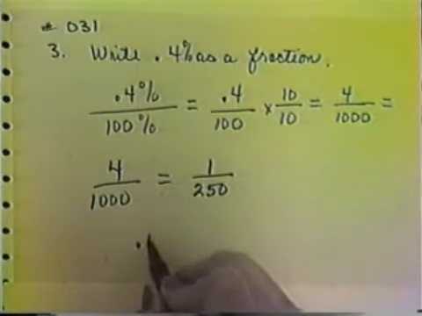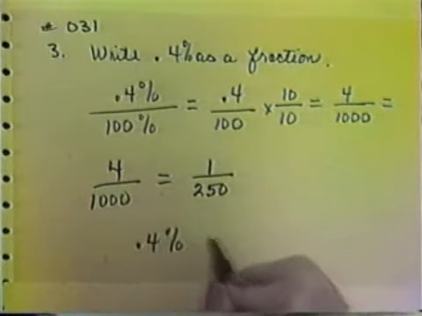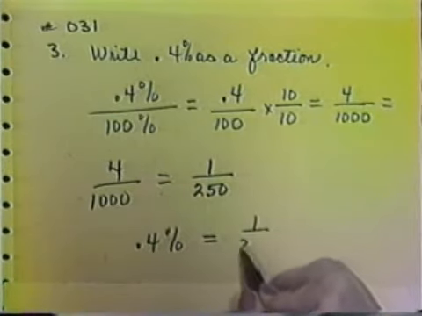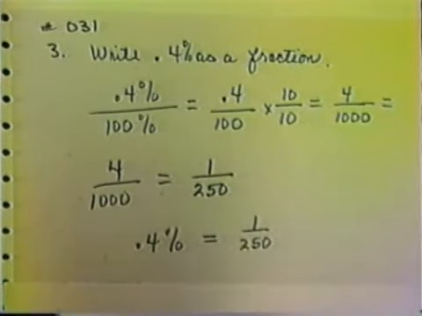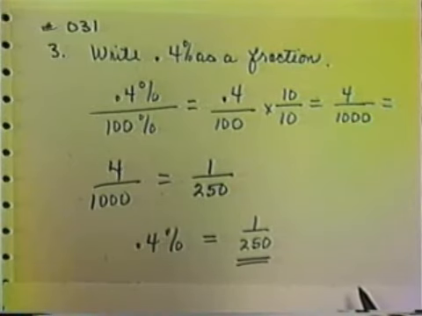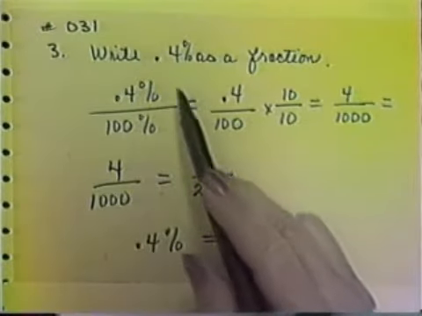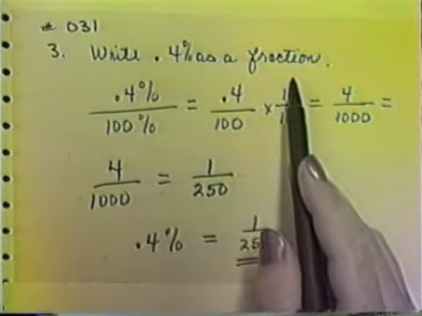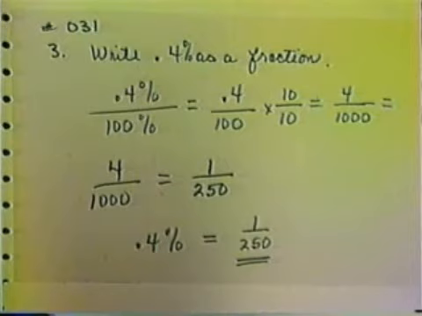So that tells me that 0.4% is equivalent to 1 over 250 in fractional form. This is what we were looking for. Remember, to change from a percent to a fraction, we divide by 100%.